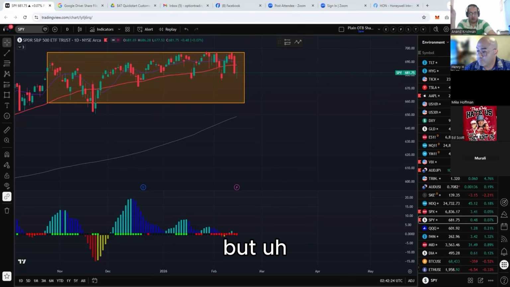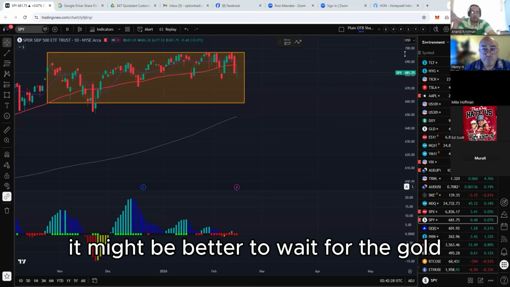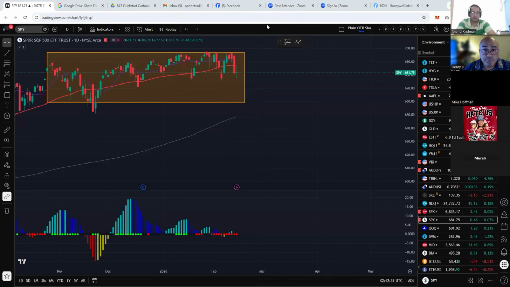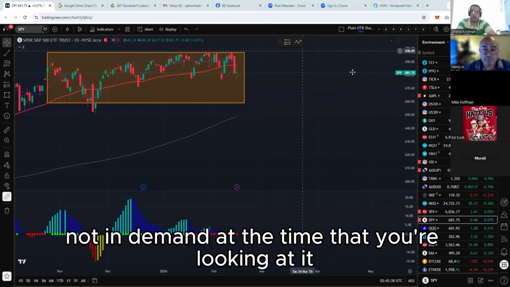But for a lot of the unknown companies, it might be better to wait for the golden cross to actually happen, because the squeeze can fool you in those situations, especially if the companies are not in demand at the time that you're looking at it.